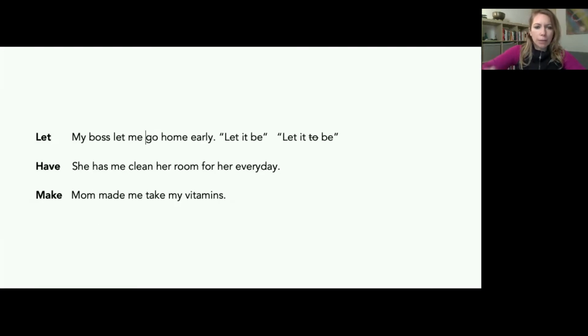Some recent students were singing let it go from Frozen. They didn't sing let it to go, right? So if that helps you remember that there is no to after let, perfect. Let has no to, and neither does have or make.